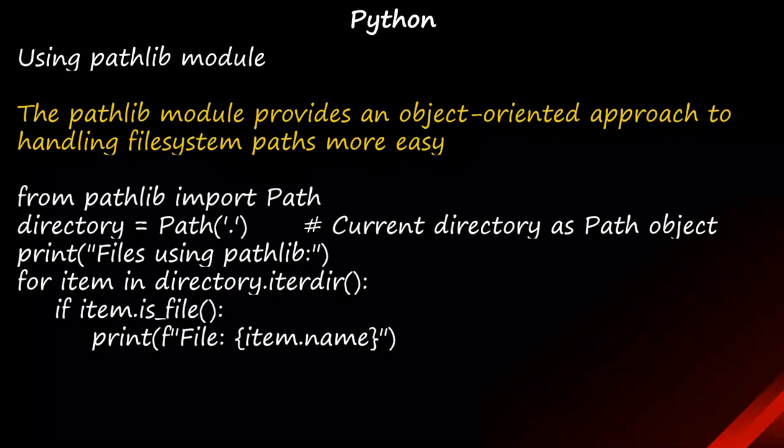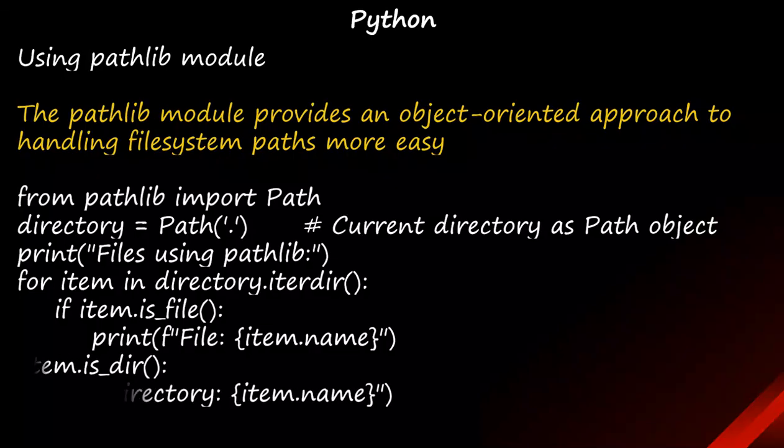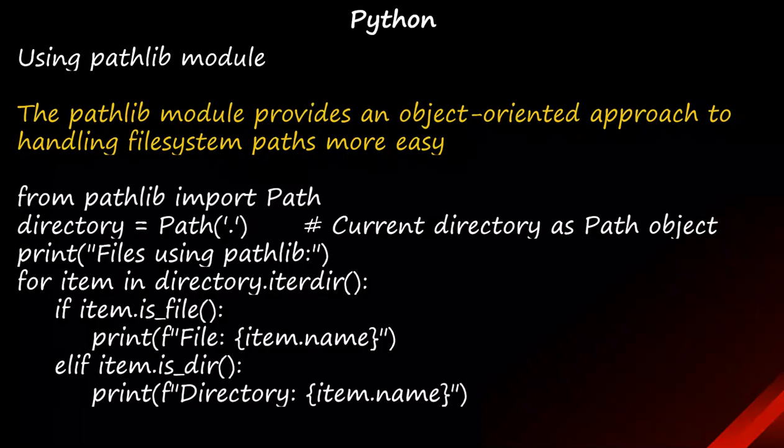So iterate through the directory. For each item, check whether it is a file or a directory using the is_file and is_dir functions. This will show you all the file names and all the directory names.